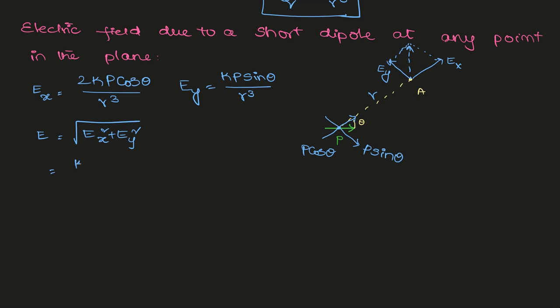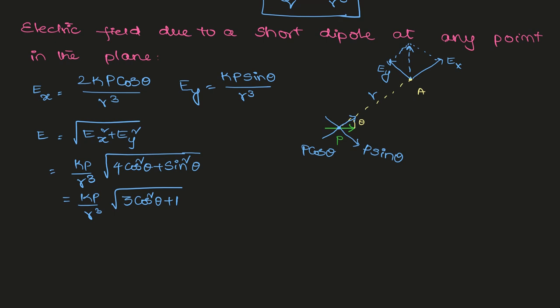I can bring Kp by R cube outside, so I am left with the square root of 4 cos square theta plus sin square theta, which equals Kp by R cube into the square root of 3 cos square theta plus 1. This is the magnitude of that field. And what is its direction, if they ask?